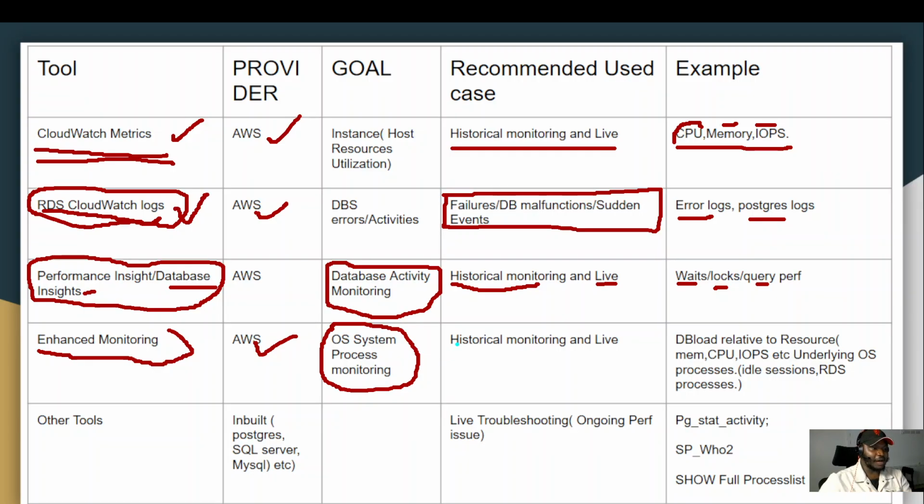Remember, queries are logged in Performance Insights, but the underlying host also has its own processes, like RDS processes and storage processes, that are used to enable the host to function properly, right? So it is good for you to monitor those operating system processes to make sure that they are not overloading your RDS instance.